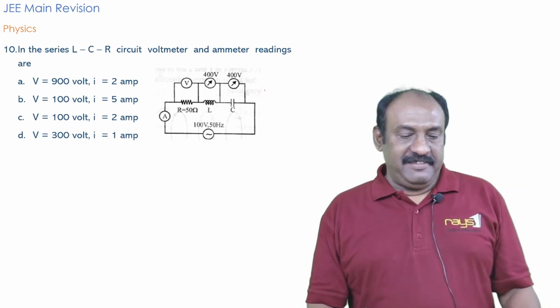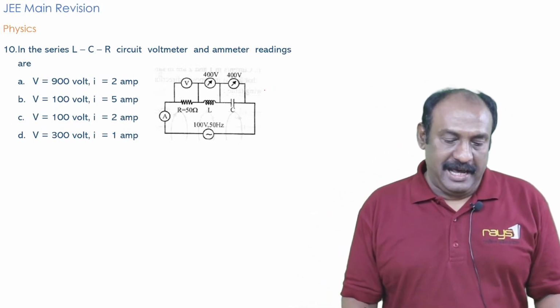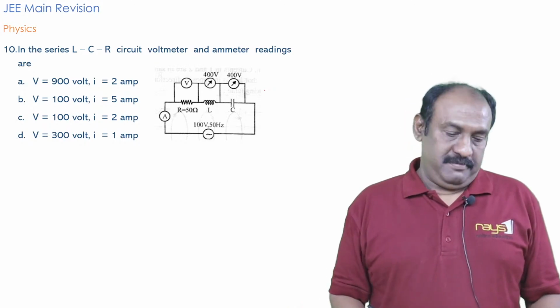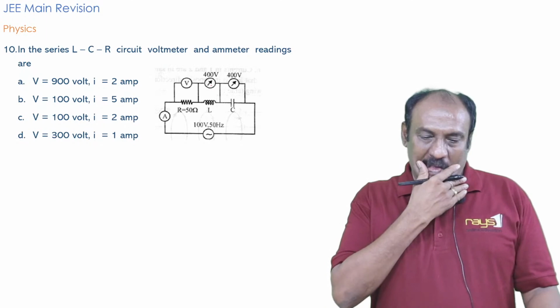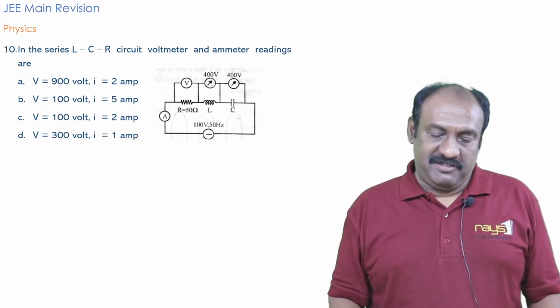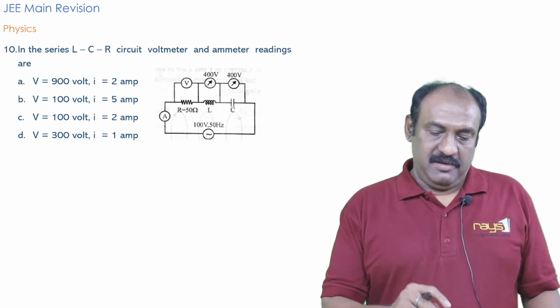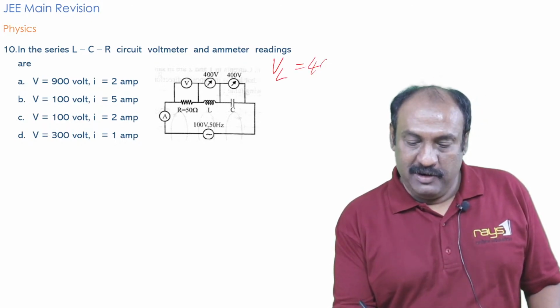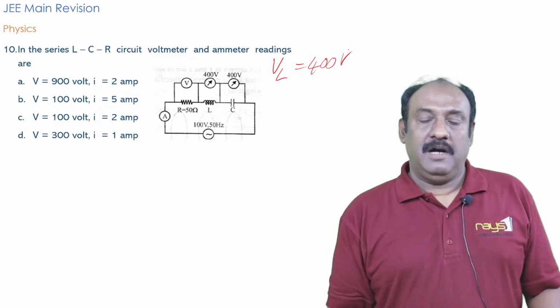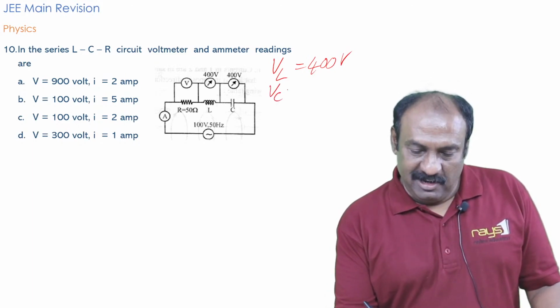In the series LCR circuit, the voltmeter and ammeter readings are given in the data. By keen observation of this circuit, the voltage across the inductor is 400 volts and the voltage across the capacitor is also 400 volts.